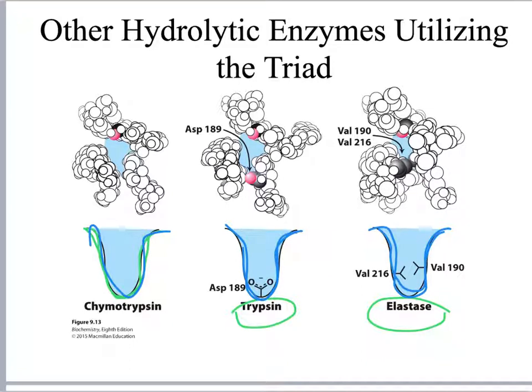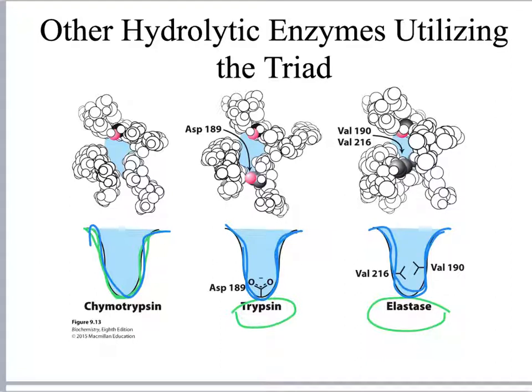Now, elastase will cleave peptide bonds on the carboxyl side of small hydrophobic amino acids, things like glycine, valine, alanine, leucine, and isoleucine. This is because there are two valine residues down in that pocket, and they block off a large portion of the pocket, so only small residues can get down in it.